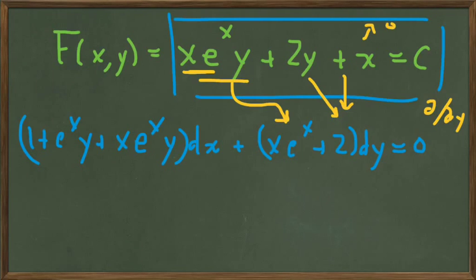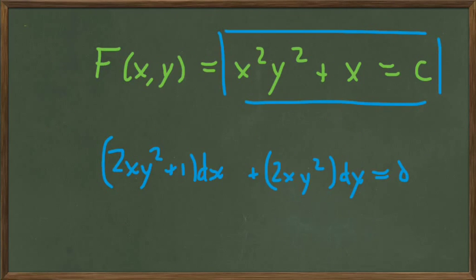So sometimes we can work backwards and see this. So if we go back to our first example, we're just trying to find a solution whose partial with respect to x gives M, and whose partial with respect to y gives N.